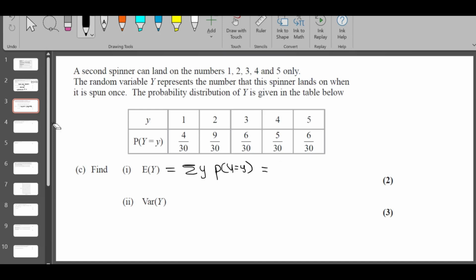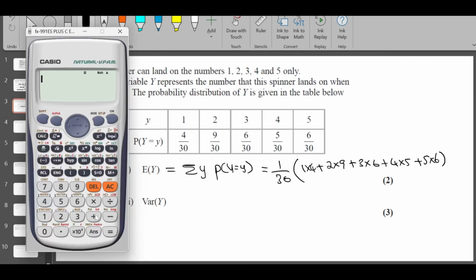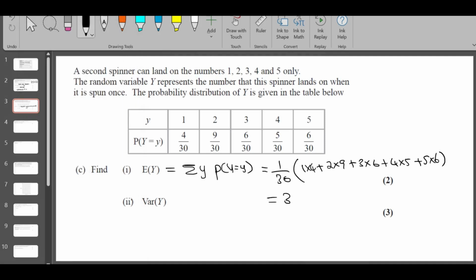We can take 1 over 30 as a common factor: 1 times 4, 2 times 9, 3 times 6, 4 times 5, 5 times 6, divided by 30. You get 3 as the answer.